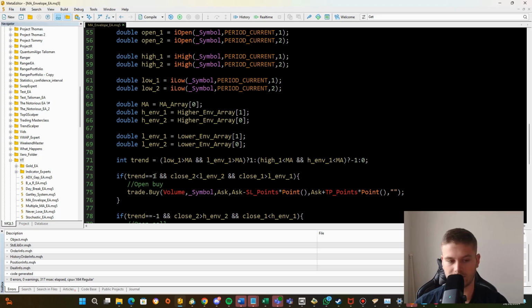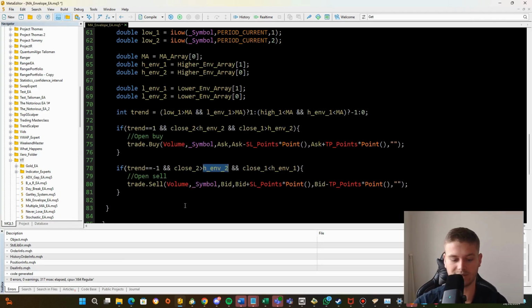The trend part stays the same, because I have to check the trend part. Now I just say: if close number 1 is lower than high envelope number 1, and close number 2 is below the high envelope number 2, and close is higher than this.